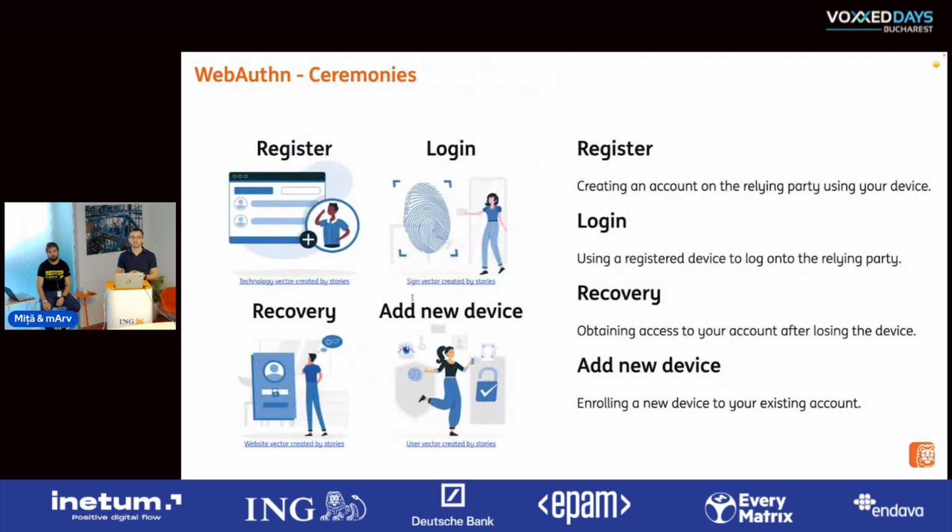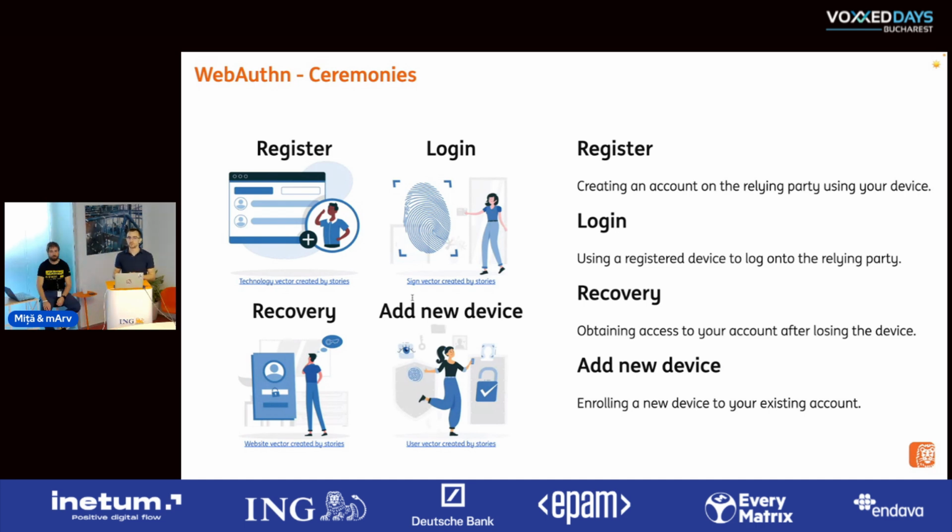And there are different ceremonies. The relying party, your application, will have to store the public key-based credentials. So in the registration ceremony, the end user will have to enroll with his device to support web authentication. And in the login ceremony, we are going to use those public key-based credentials to authenticate after the end user proves his presence and identity.